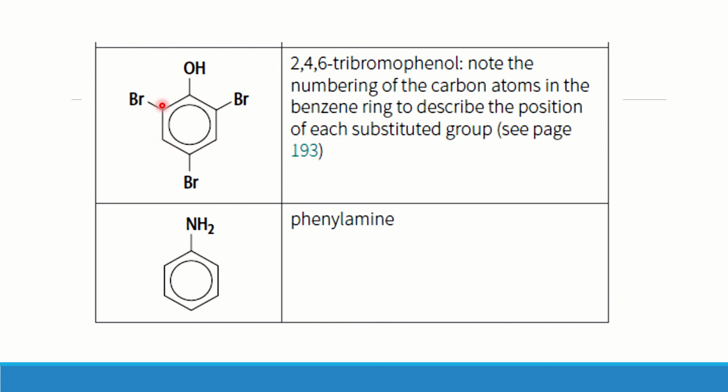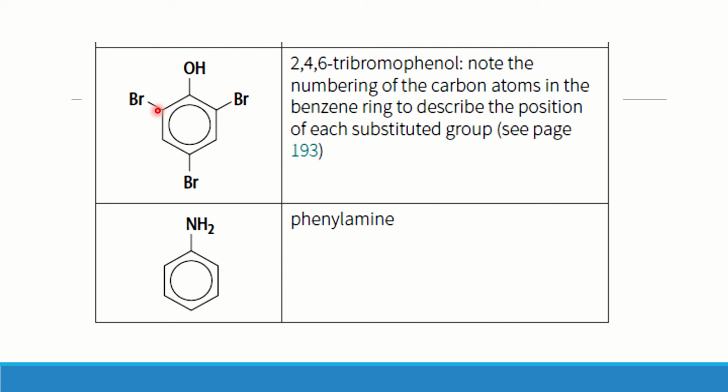And you can see that your bromines are on the second, fourth, and sixth. Remember, you have to give the lowest numbering. OH is already the first carbon because that's the parent chain. So OH is on the first carbon, and then you go 2, 3, 4, 5, 6.